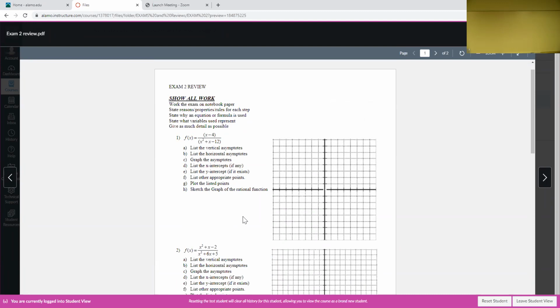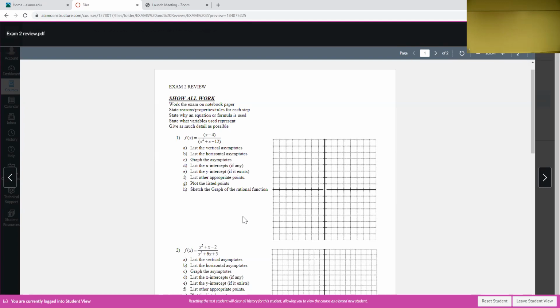State the reasons or properties or rules for each step. State why each equation or formula is used, and state what the variables used represent. Okay. And then give as much detail as possible. What's important here is giving as much detail as possible.